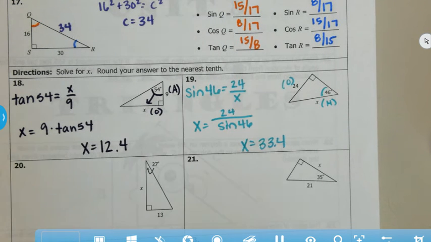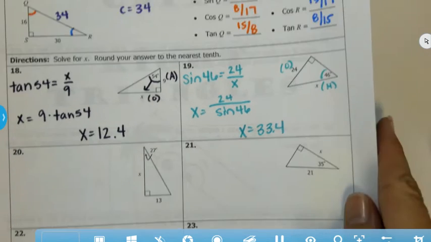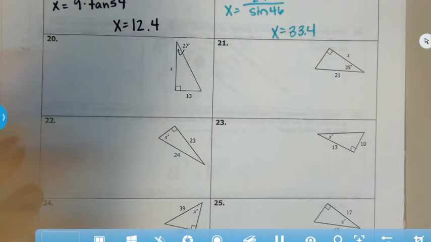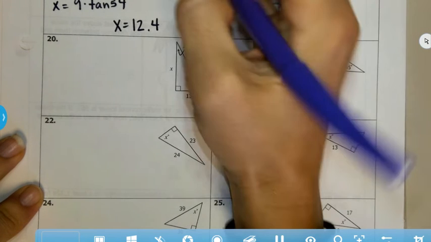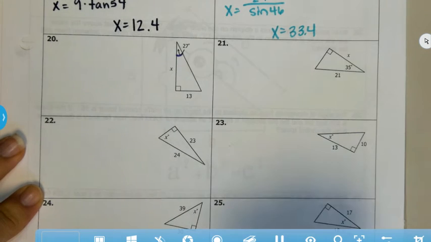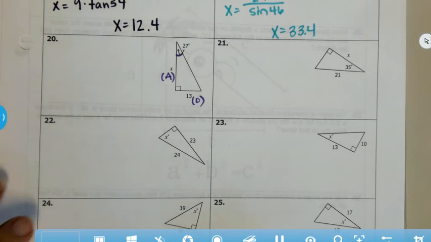All right. Let's do it again in number 20. Go ahead and find x for number 20 now. This time the angle they gave us was 27 degrees. 13 is the opposite side. X is the adjacent side, so hopefully you used tangent.